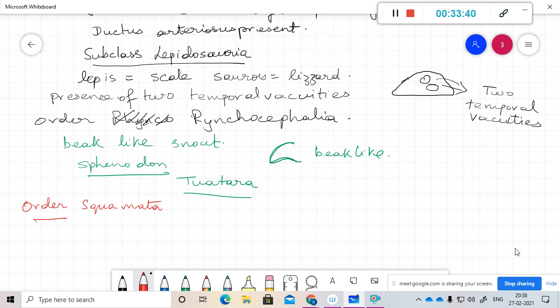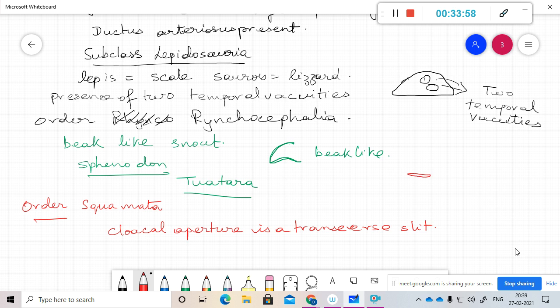Among the characters, the cloacal aperture is a transverse slit.